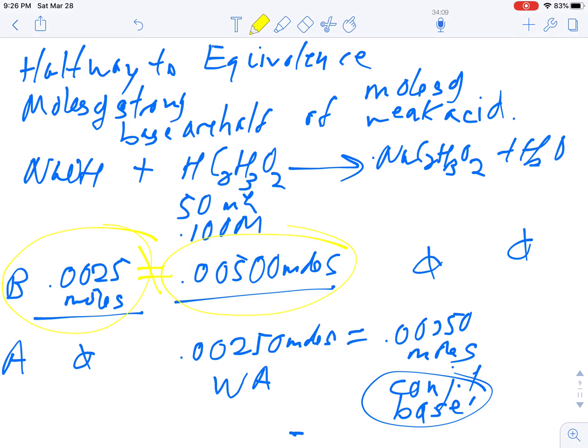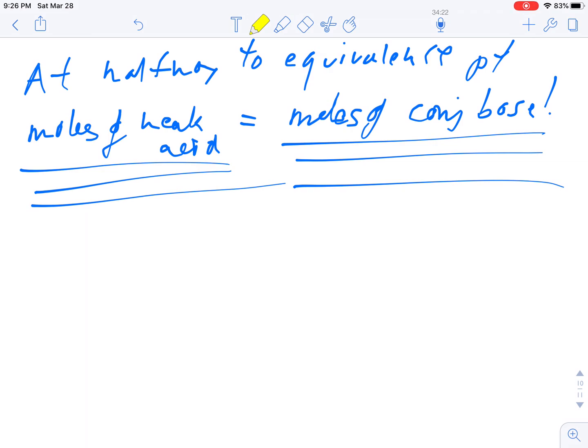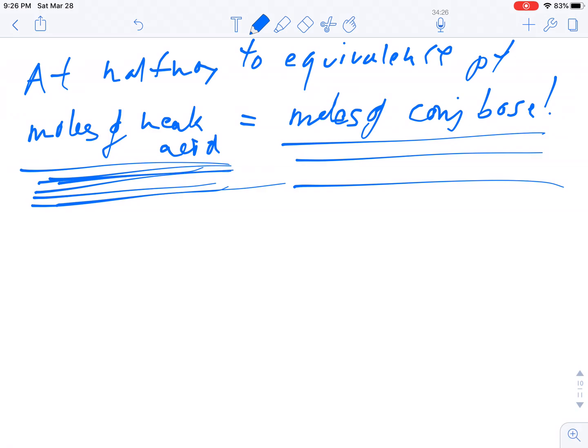At halfway to the equivalence point, the moles of your strong base is half of the moles of your weak acid. But the moles of the weak acid and the conjugate base are equal. Don't confuse that ever, okay?